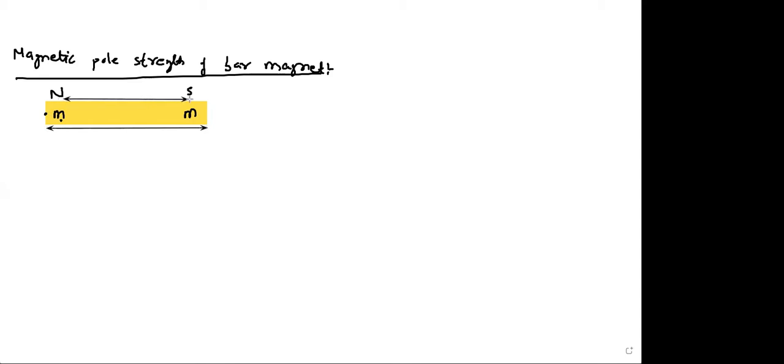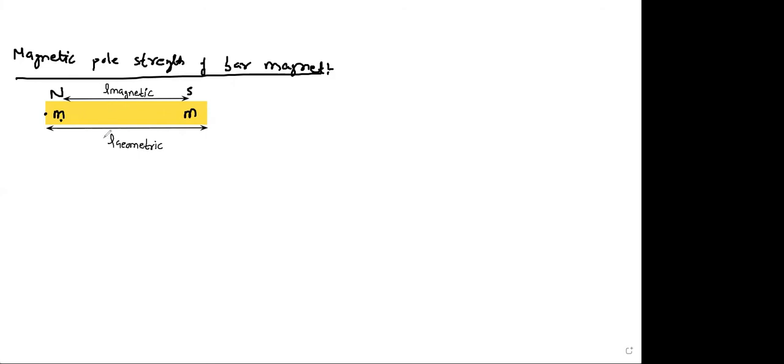So this is the north pole and this is the south pole, then this is the magnetic length. This L is the geometric length and this L is the magnetic length. So it's very clear that geometric length is greater than magnetic length.